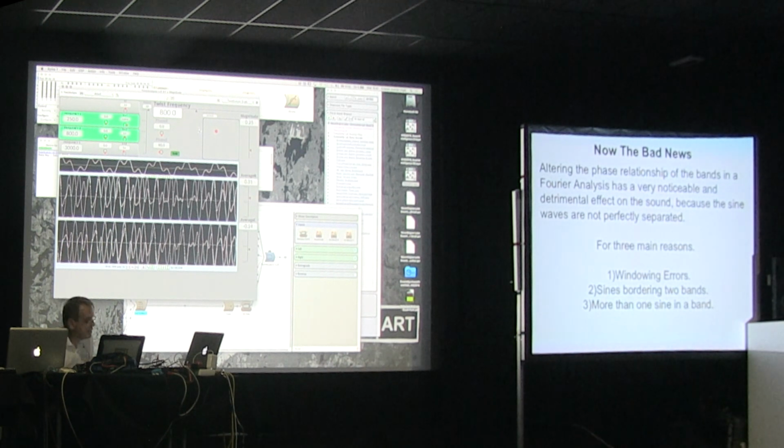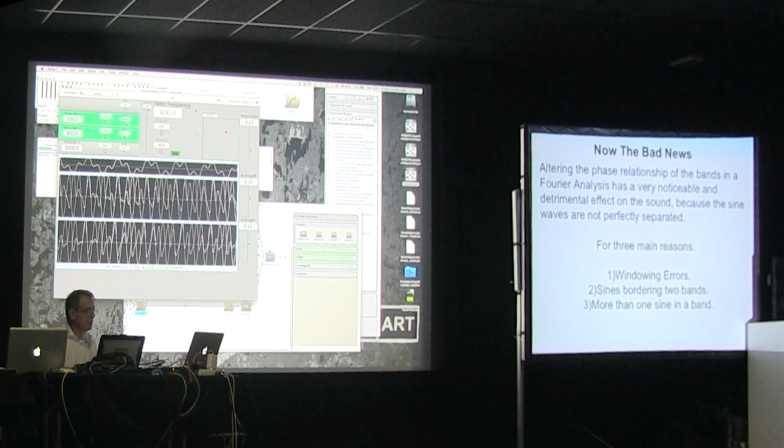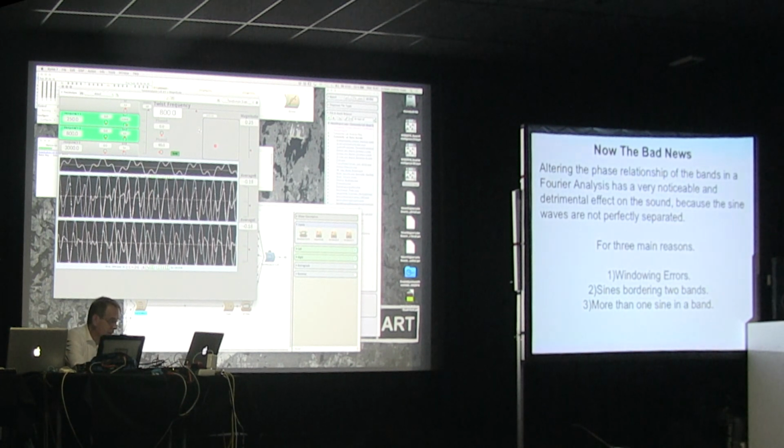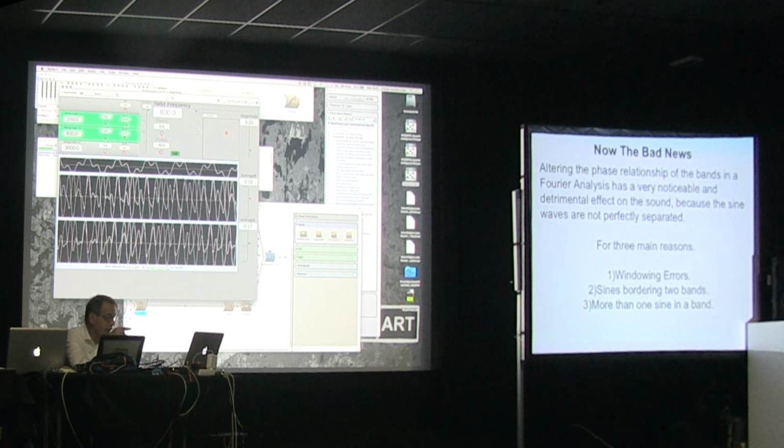So this is where doing things in the middle means that the standard Fourier analysis doesn't work that well. The three main reasons are windowing errors, sines that border between two bands, so one actually appears in two bands, and the last one is more than one sine wave in each band. So let's take a little bit more detail.